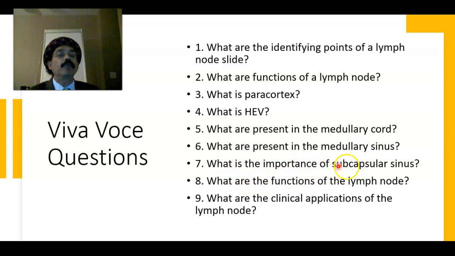What is the importance of the subcapsular sinus? The subcapsular sinus is present under the capsule and contains macrophages and antigen presenting cells. That is very important to process the lymph, and it goes to the medulla and cortex for further action of other cells like macrophages, plasma cells, and also dendritic cells.